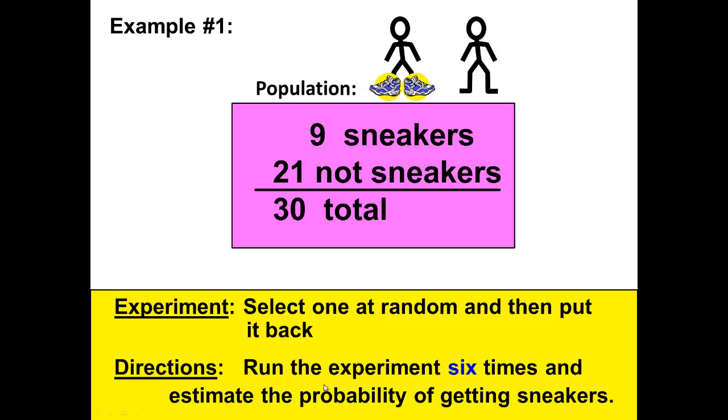An experiment is selecting one at random and then putting that student back. The directions for this example are to run the experiment 6 times and estimate the probability of getting sneakers.